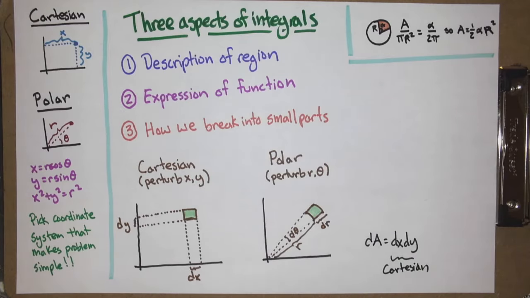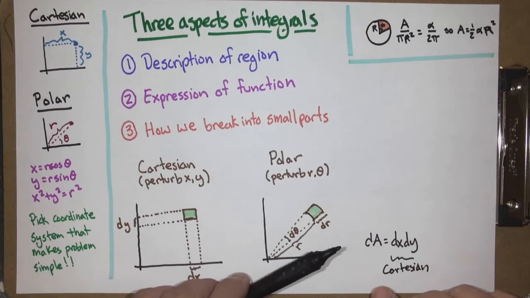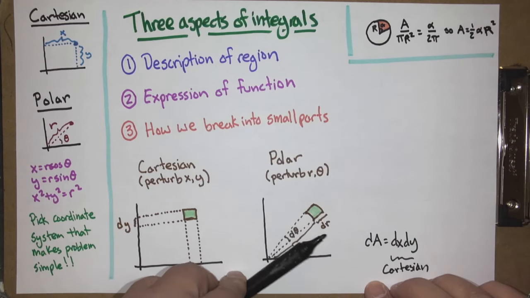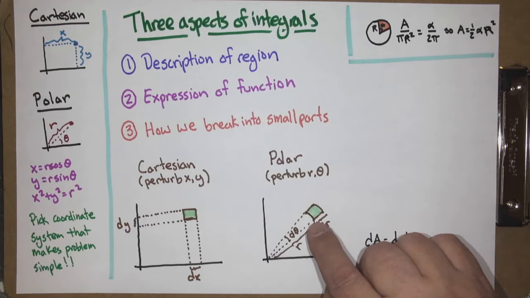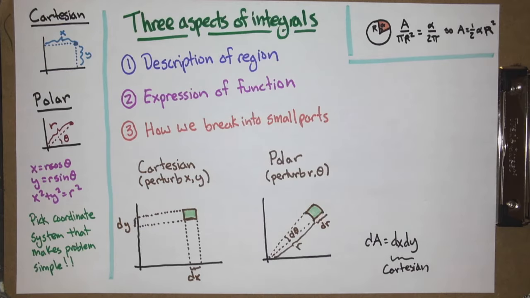But now we think about polar. We say, okay, we're going to perturb r and we're going to perturb theta. But notice perturbing theta is perturbing the angle that we're coming out of. So we're just sort of changing how we're sweeping here. And the r changes what's happening over there. So now the thing is, what shape do we have? Well, it's not a rectangle anymore.